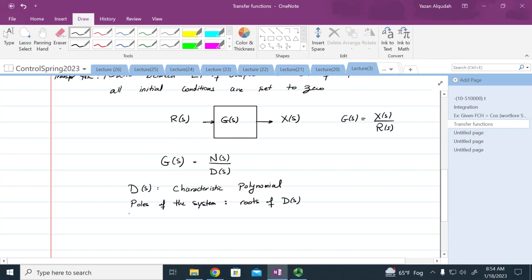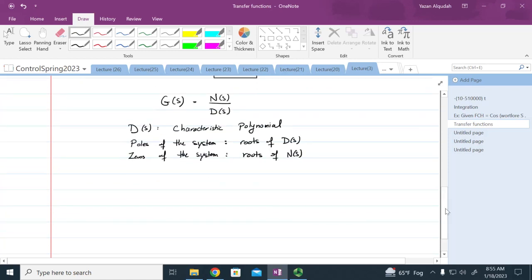The zeros of the system are the roots of N of s. Make sense? Again, we're going to be using this throughout the semester, so you will know it by heart.